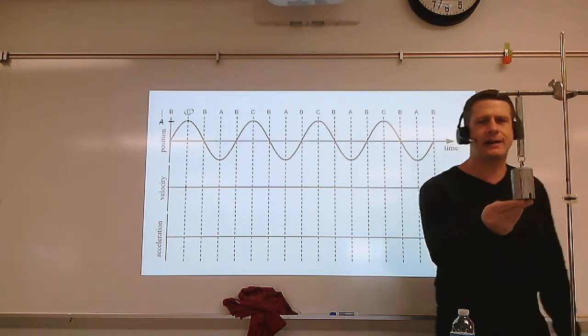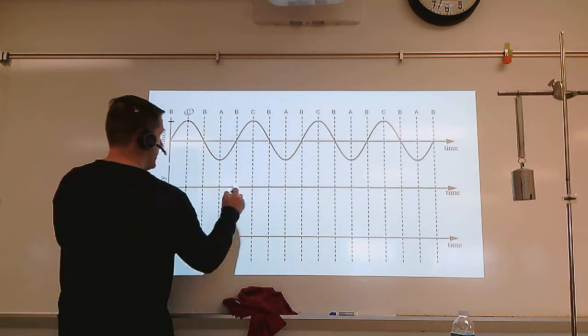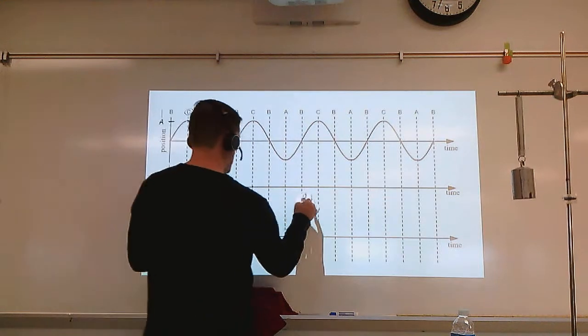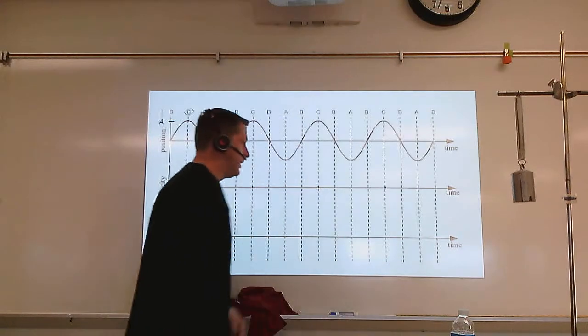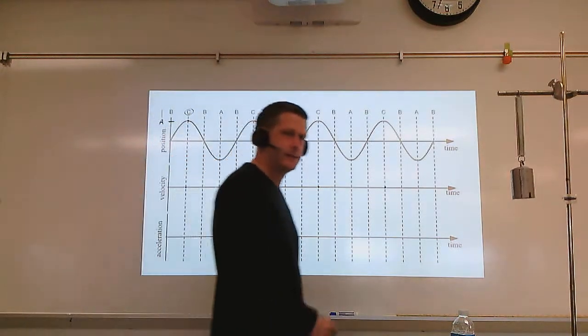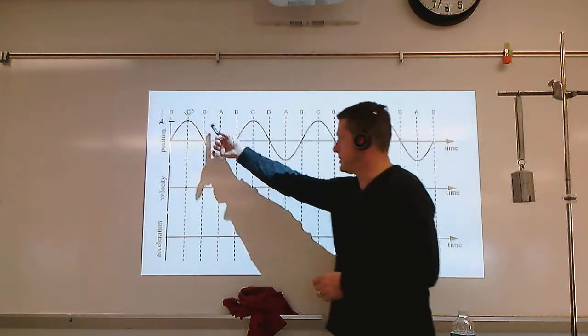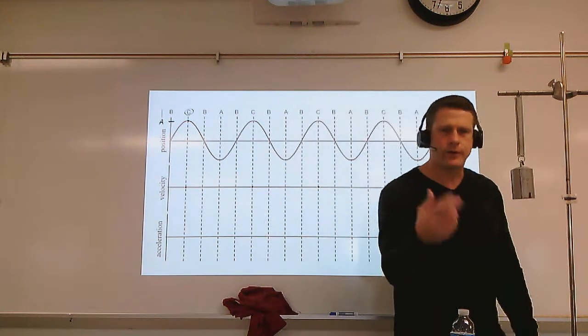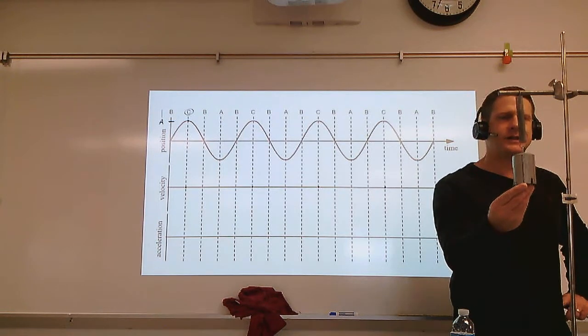So anytime we have a peak up here for this position graph, we have a velocity equal to 0. So all of these C's on the graph correspond to a velocity that equals 0, because it's a turning point for the position graph.